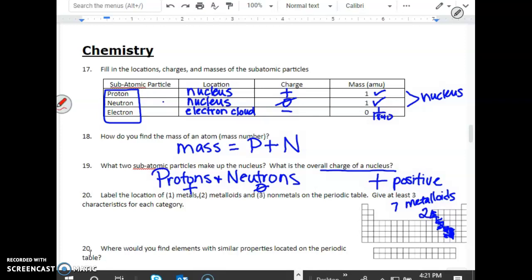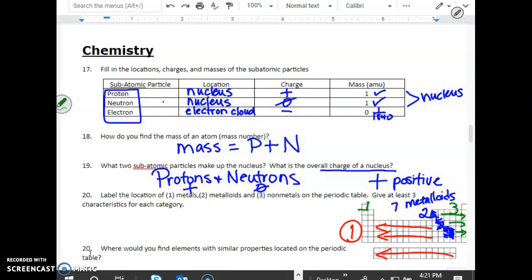Anything to the left of that, all of these, including this 2, are my metals. So this is where my 1 would be. My metals here. And then we've got our nonmetals all the way over here. That would be where my 3 is.